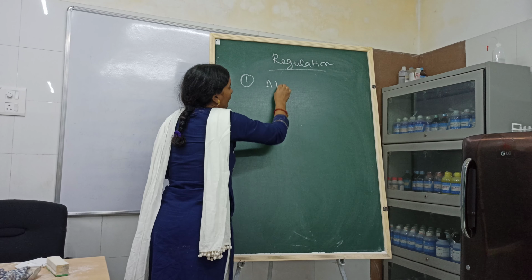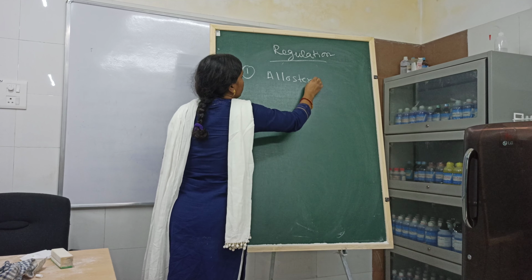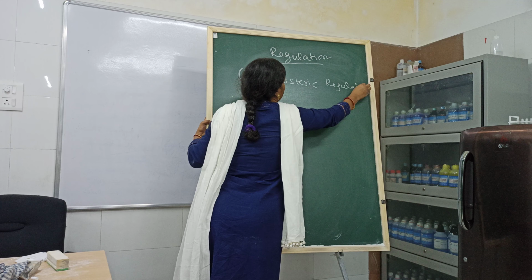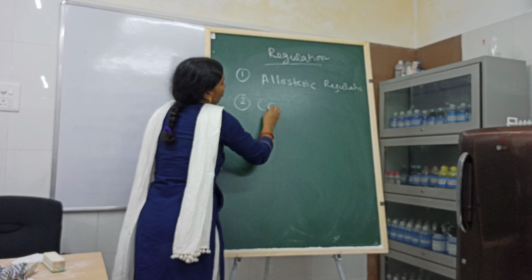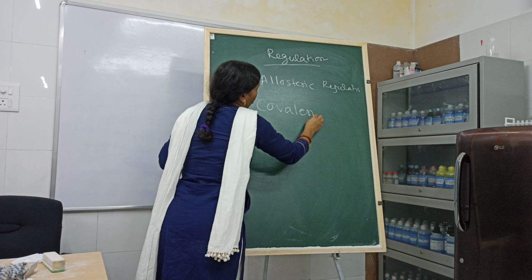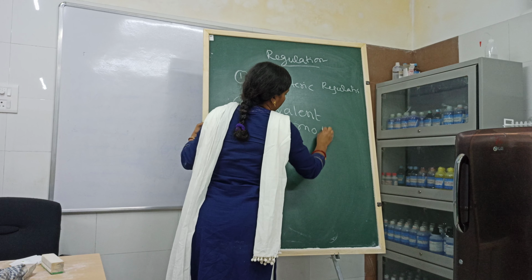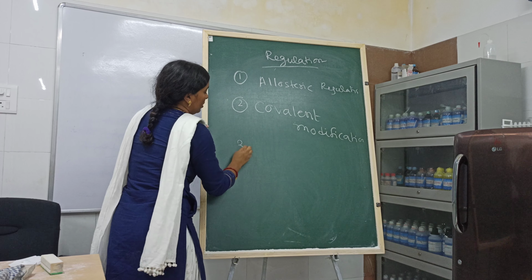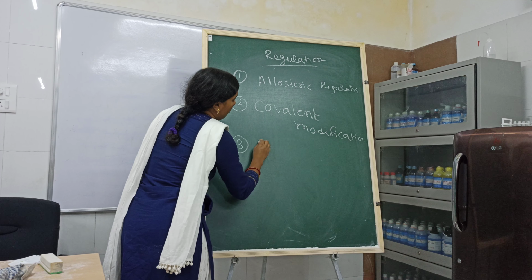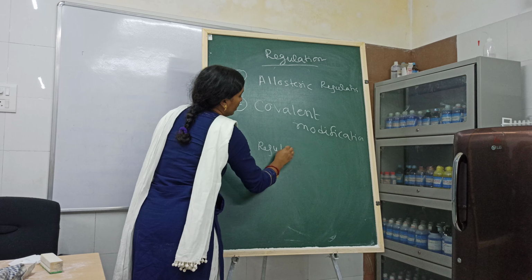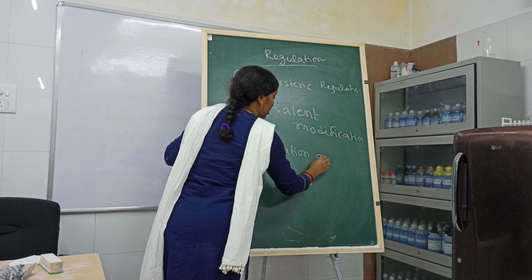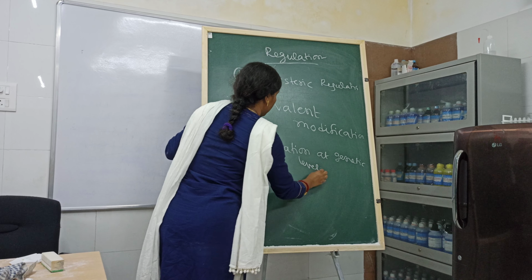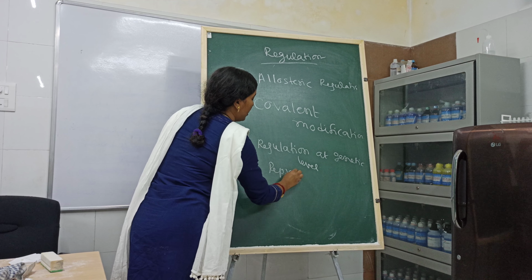First is allosteric regulation. Second is covalent modification. Third is regulation at the genetic level, meaning repression and derepression.